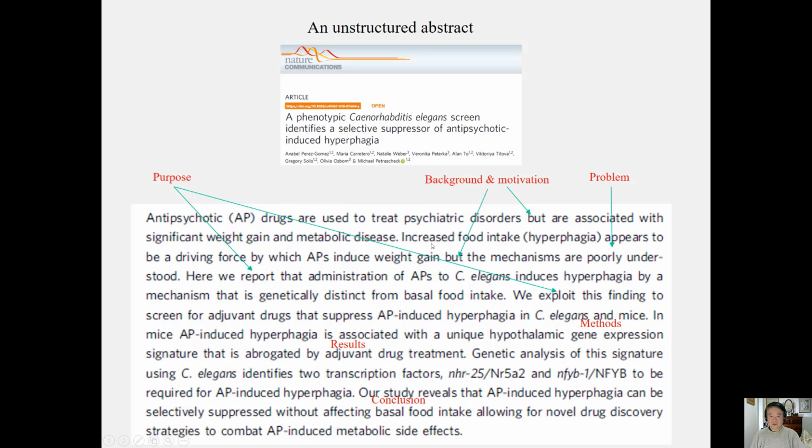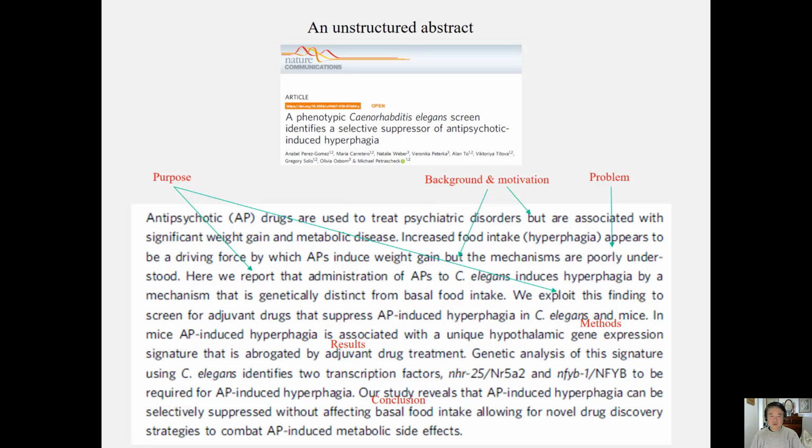It says, yes, the antipsychotic can drive increased food intake. This is the yes, but the mechanisms are poorly understood. You see, this is quite a contrast in one sentence, giving the first half and the second half. So this author has used this technique.